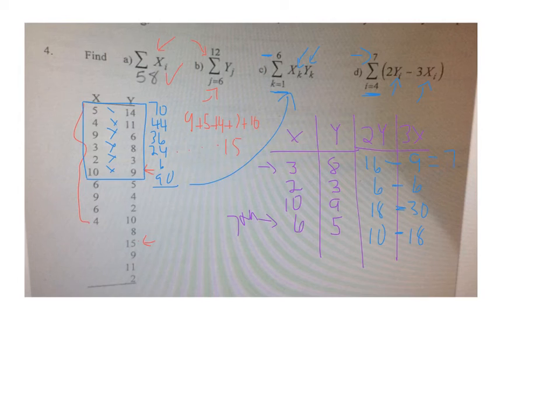So I'm going to get 7, 0, negative 12, negative 8, and I'm going to add those up, and whatever sum I get is the answer to this summation notation question. Pretty tricky. They're just trying to test if you really understand what all those symbols mean and what they're telling you to do.